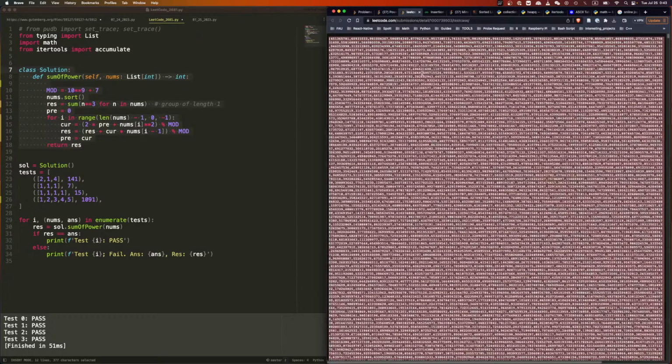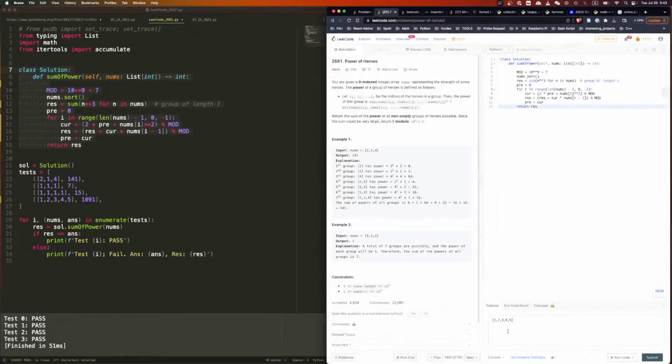Test case. So I use this test case. Wait, is this? That's not a test case. Come on. That's not a test case. Test case is this. This is the test case. Yeah, we can.